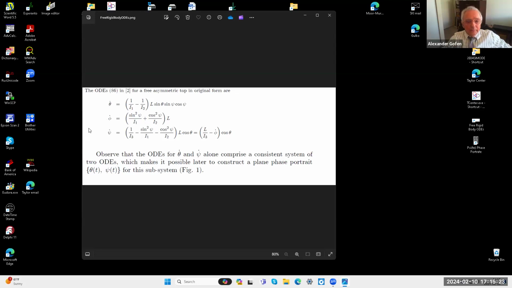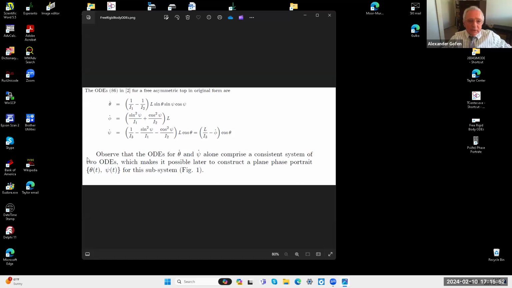The variables here are eta, psi, phi, and psi. These are Euler variables for the moving coordinates.